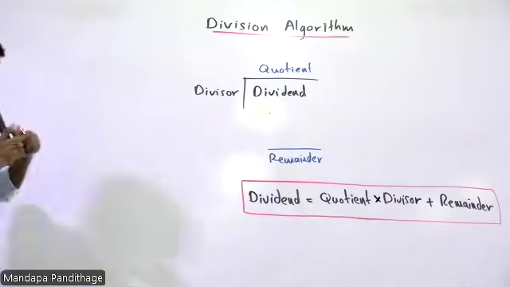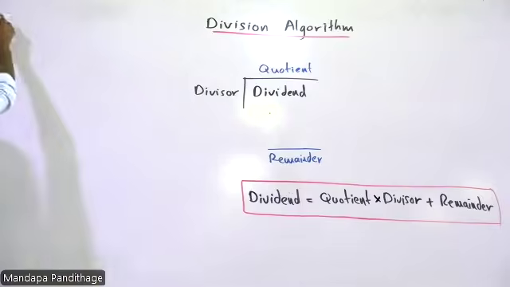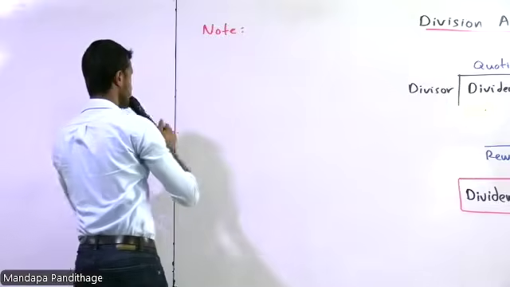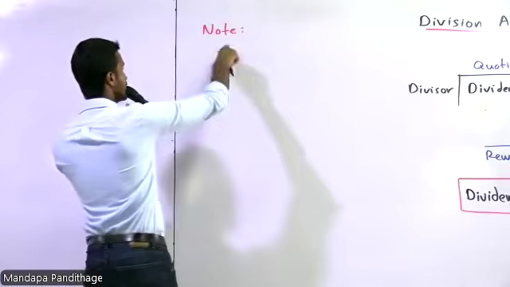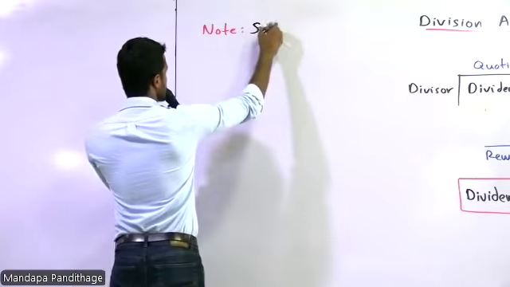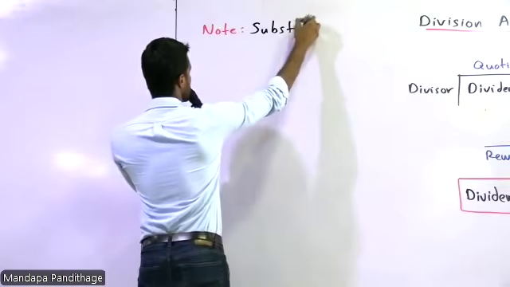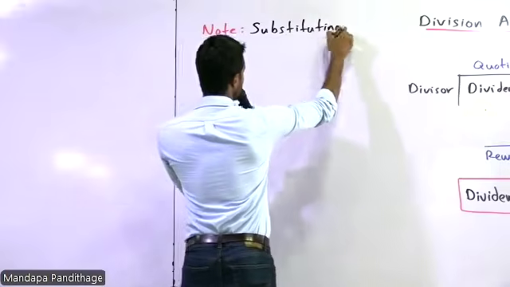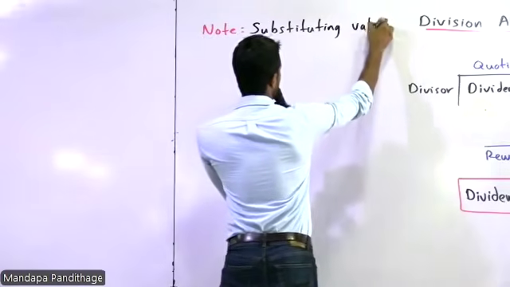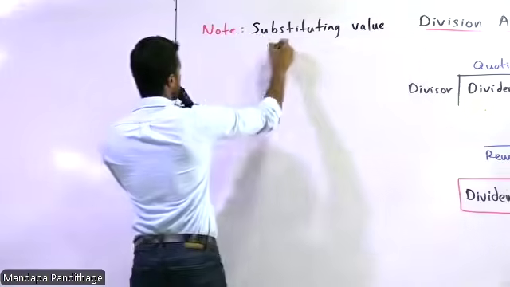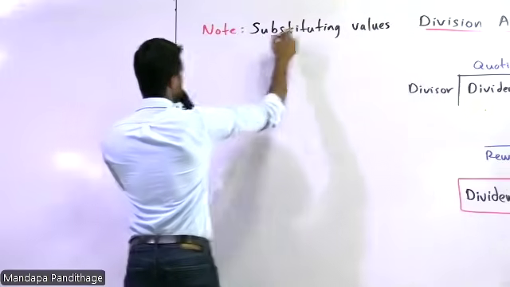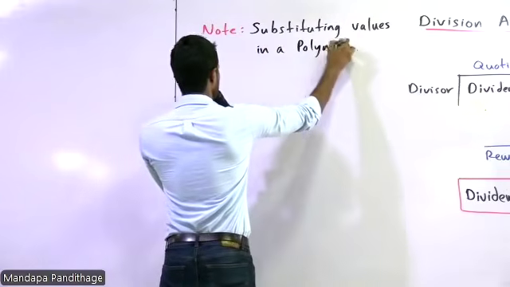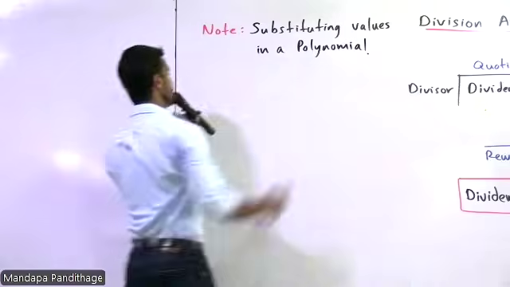Okay, then write this in a red pen: note. And then in a black pen write: substituting values in a polynomial.